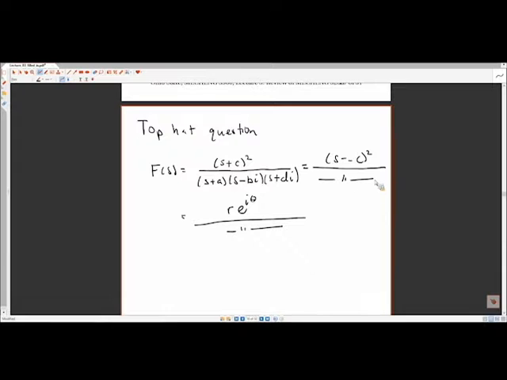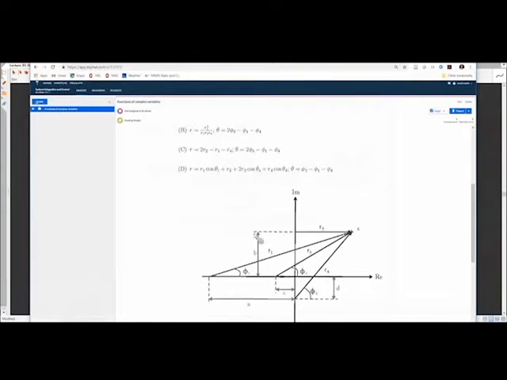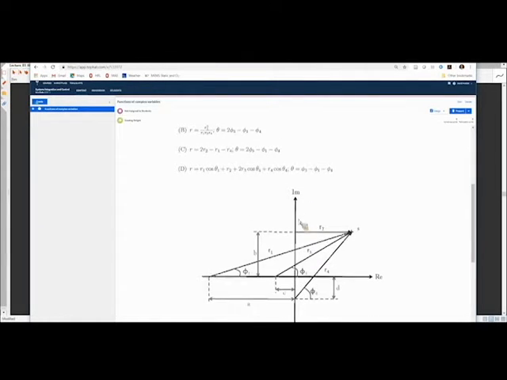But looking at what was asked in the question here, s plus c squared, c is given. So if it's s plus c squared, that means we can rewrite this as s minus negative c. Negative c is at this location in the complex plane, right?